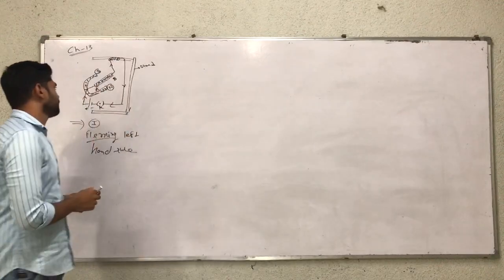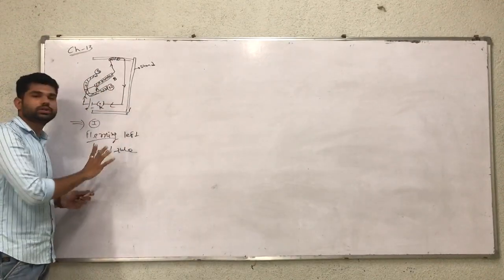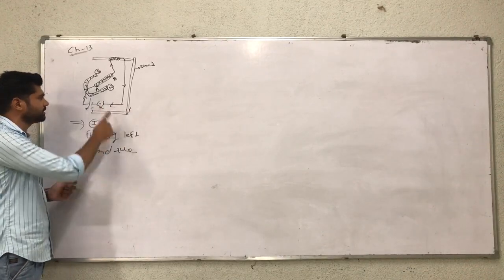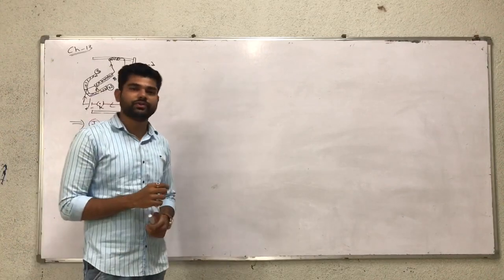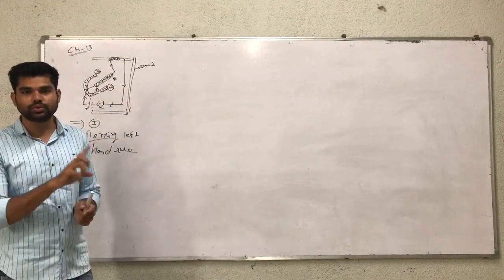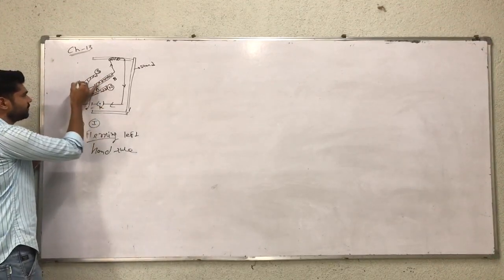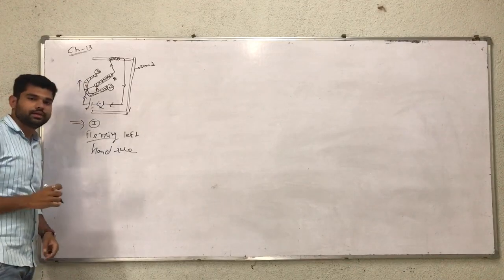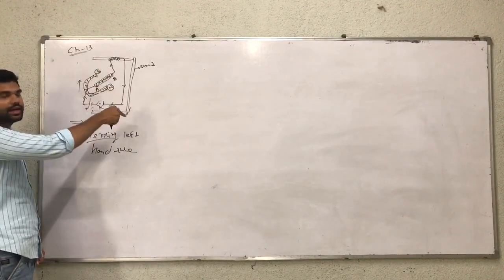So let us understand these terms in one experiment. First, the magnetic field: the direction of the magnetic field is from north pole to south pole. It means the direction of the magnetic field is this. Now electric current is from the positive end to the negative end.